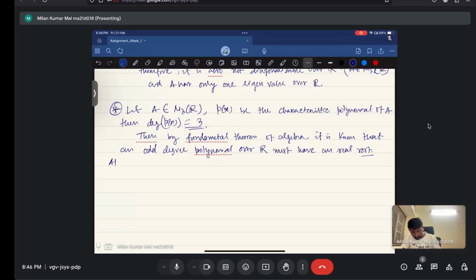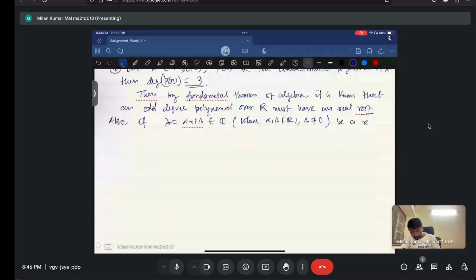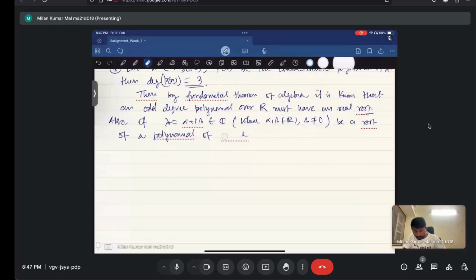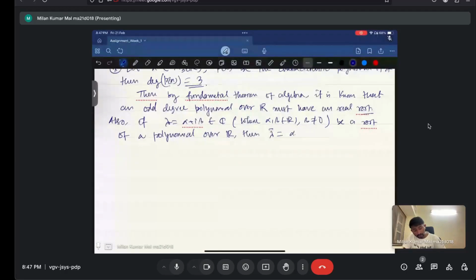And also, if lambda equals alpha plus i beta belongs to the complex numbers, where alpha and beta are real and beta is not equal to 0, is a root of a polynomial over R, I mean a real polynomial, then lambda bar, that is alpha minus i beta, must also be a root of that polynomial.